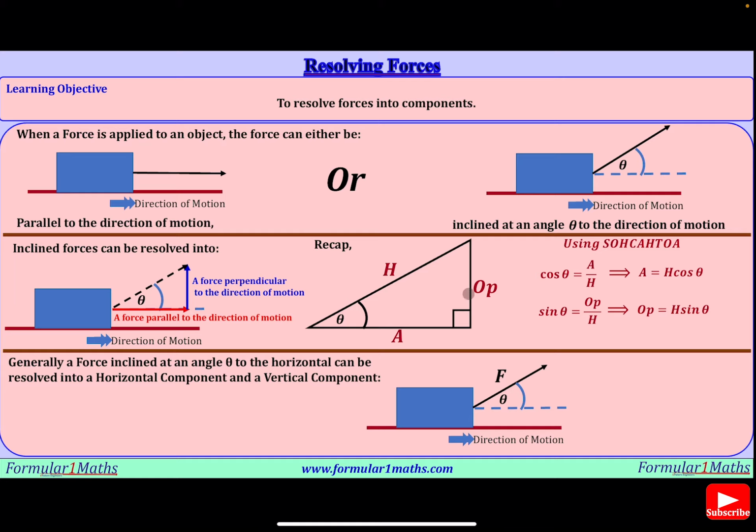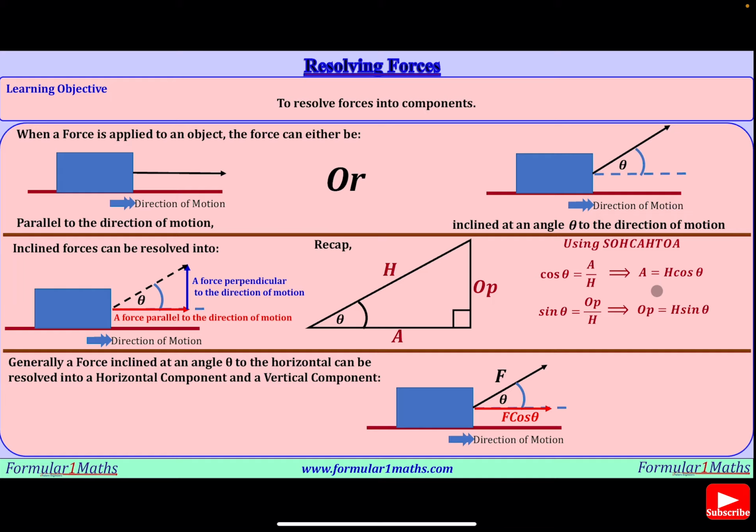We've got this force here that we need to resolve. The force is inclined at an angle theta to the horizontal. So this force can be resolved into a horizontal component, which is F cos theta. Note that this is similar to this one here. So in this case, our F was h over here.